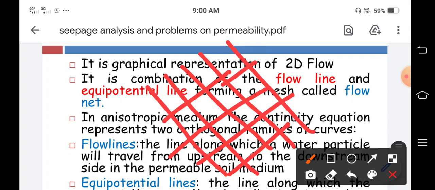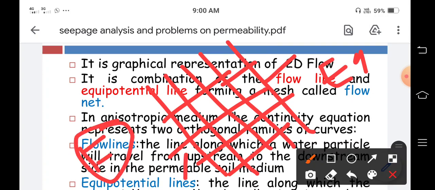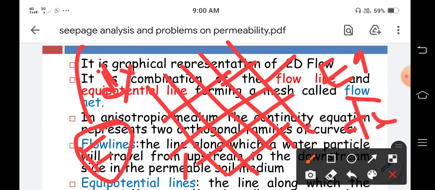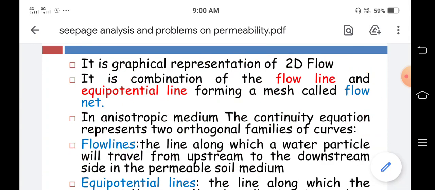One set of lines is called equipotential lines, and the horizontal lines are called flow lines. These equations, in terms of delta x and delta z, form a set of curves and a net, and this net is called a flow net. So it is a combination of flow lines and equipotential lines forming a mesh called a flow net. In an isotropic medium, the continuity equation represents two orthogonal families of curves.